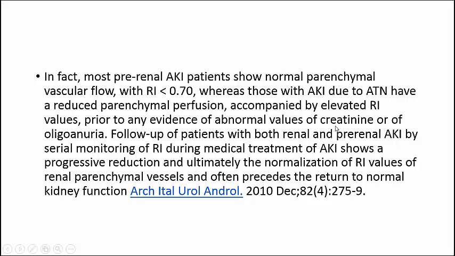So exploring the vascular bed of the vital organ will detect the complication very early, even before the rise of creatinine or other parameters or oliguria. Serial monitoring of RI during medical treatment of acute kidney injury shows a progressive reduction and ultimately normalization of the RI value of renal parenchymal vessels, and often precedes the return to normal function.